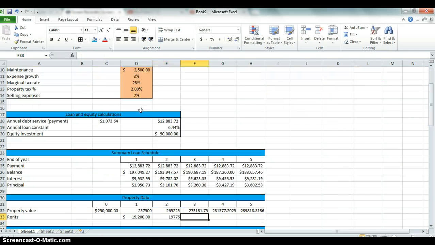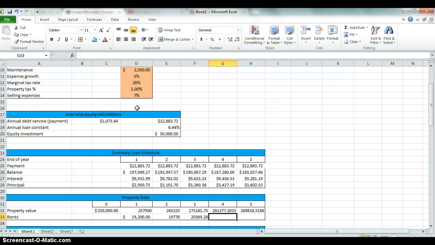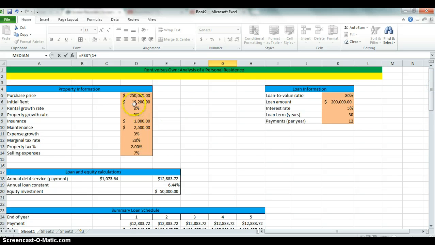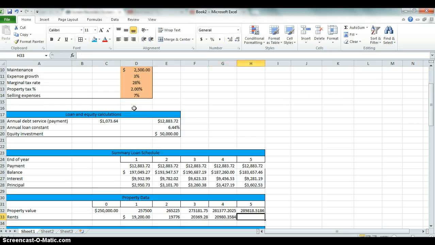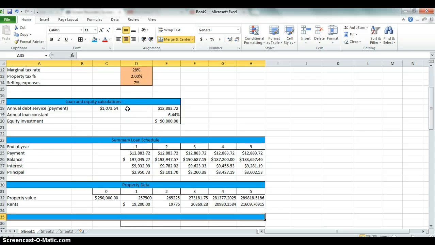So let's keep doing this until we're done with our chart. Okay, we're done calculating our property data.